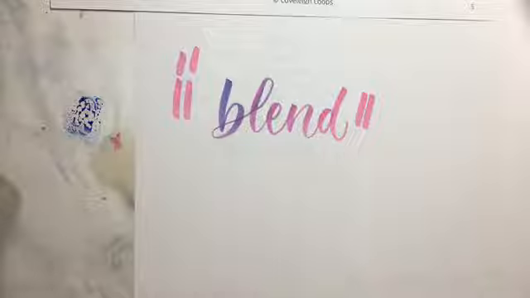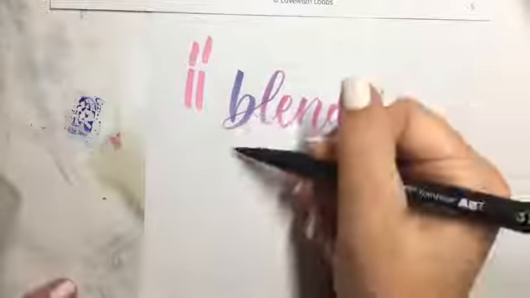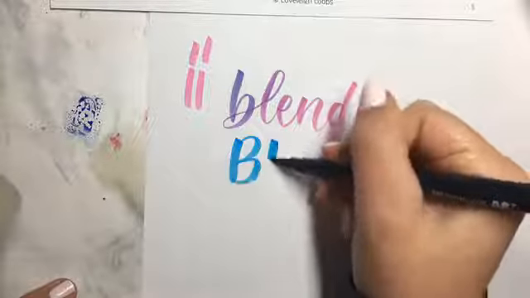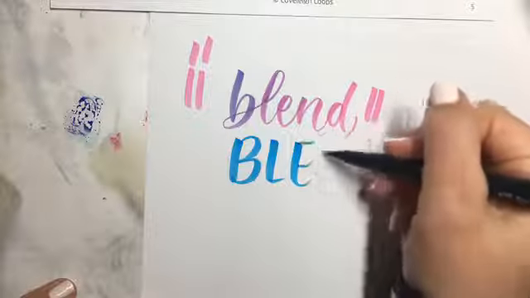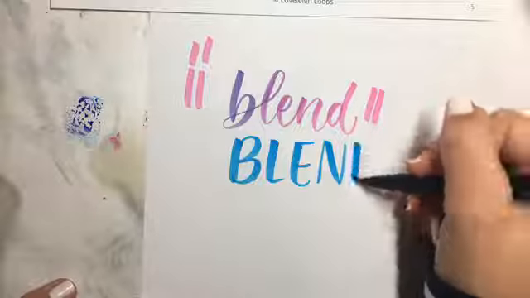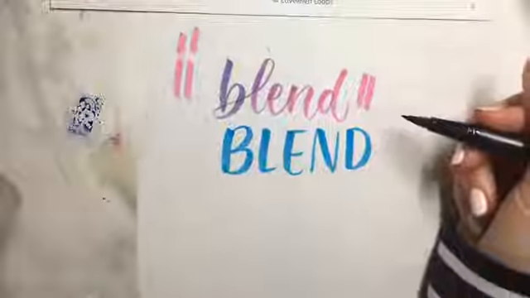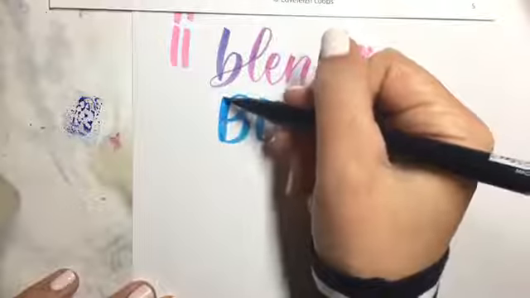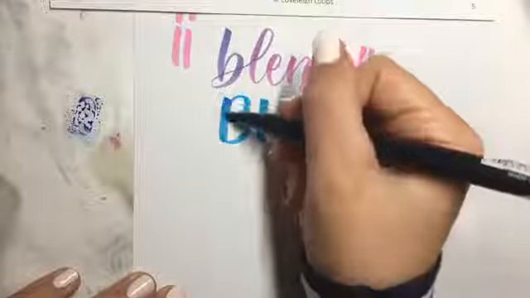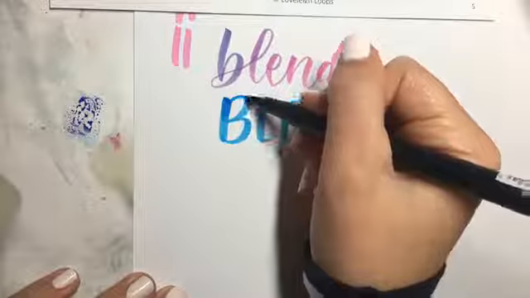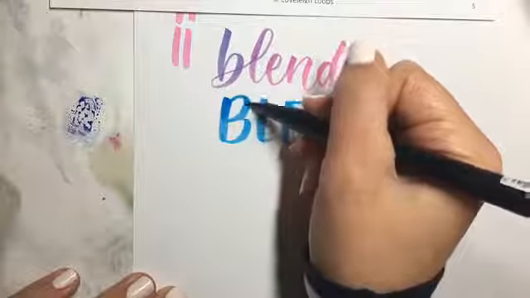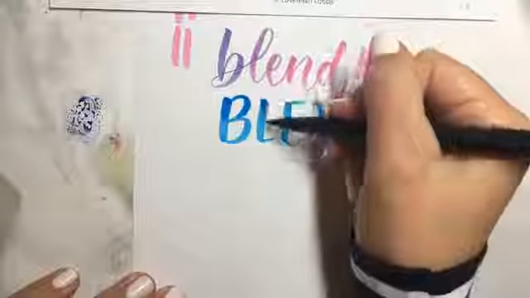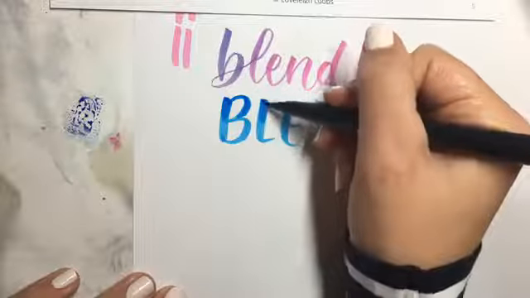Another way that I really like is doing a vertical blend. I don't know why I always do this in capital letters, but because of what we mentioned before about how the brush pens or the color is buildable, you can do a vertical blend where you write something and then start from one side, like the top or the bottom, and trace over what you've written to darken it and kind of feather it out at the bottom so that you're not getting such a harsh transition.